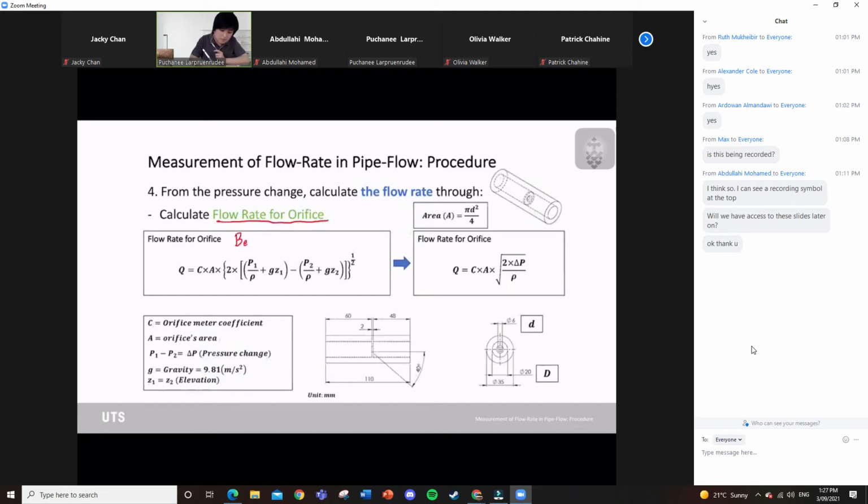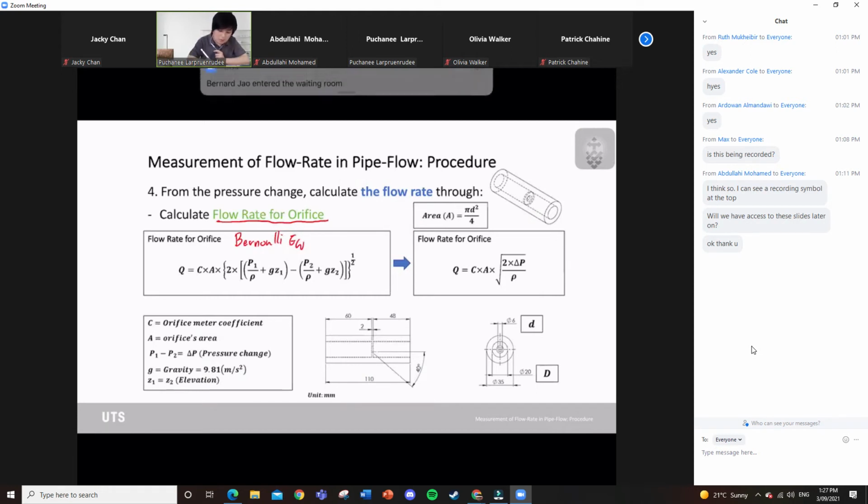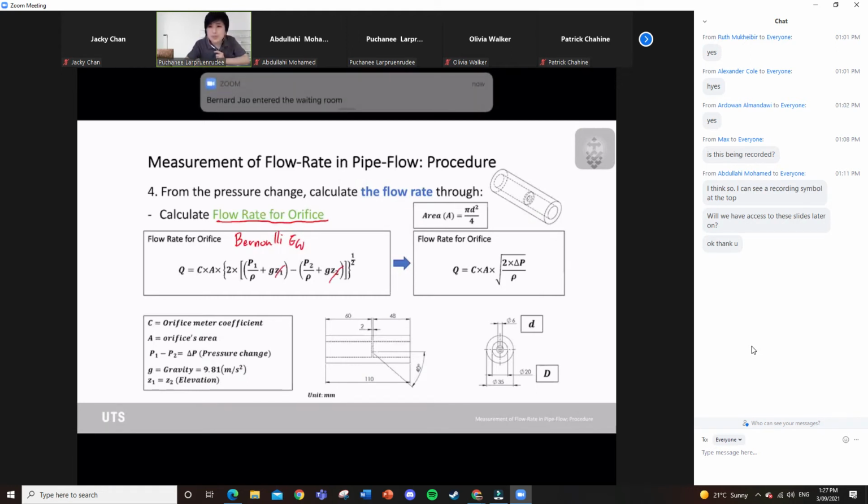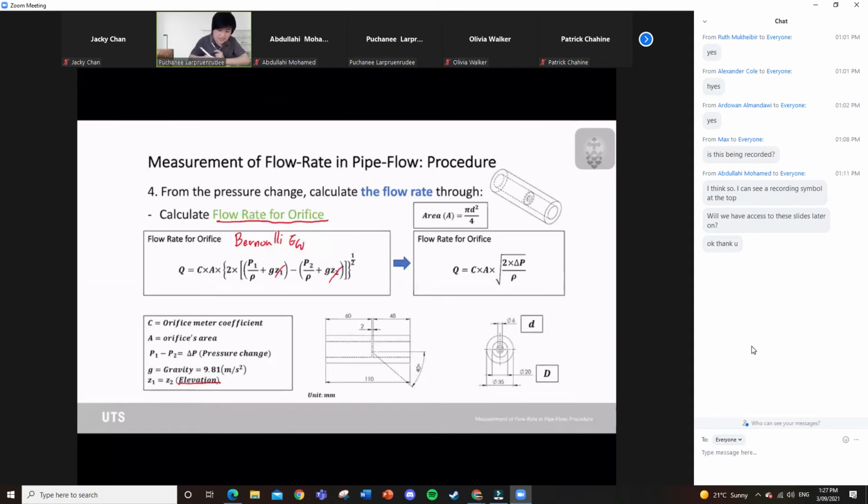Again, Bernoulli equation. And we don't need Z1 and Z2 because it's the same elevation. And C is the orifice meter coefficient. When we simplify it, we will get the flow rate for orifice. This one. C again, orifice meter coefficient. A is area, orifice area.